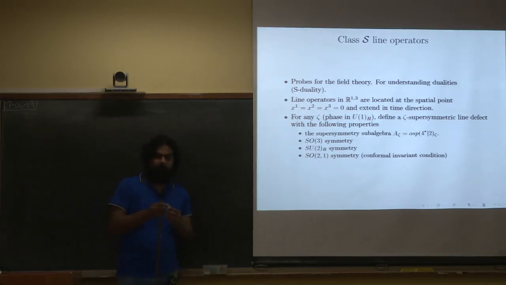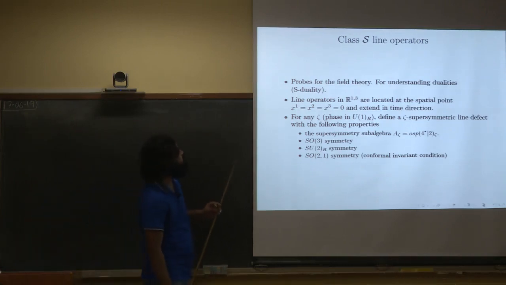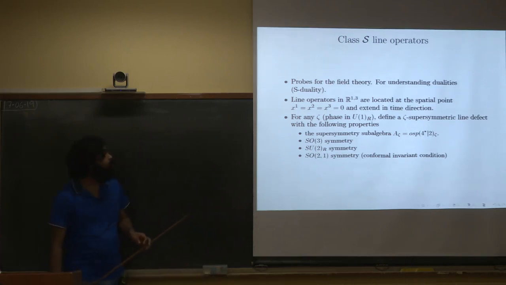For instance, we are familiar with the Wilson line in field theory, and if we apply S duality to that, we get some other line operator, which is a magnetic line operator, like 't Hooft.